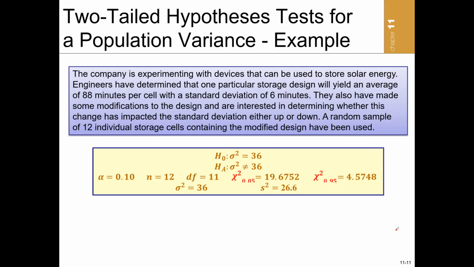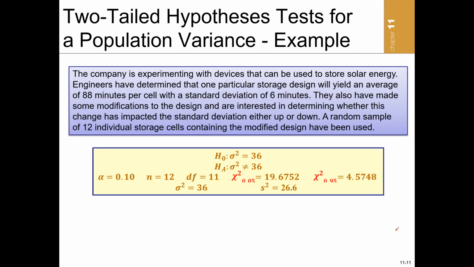Okay, so this question says that the company is experimenting with devices that can be used to store solar energy. Engineers have determined that one particular storage design will yield an average of 88 minutes per cell with a standard deviation of 6 minutes.